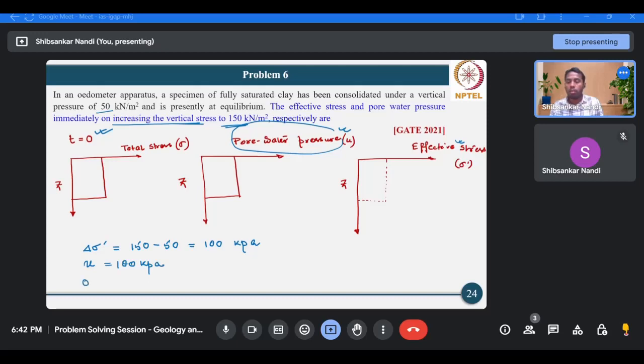However, your sigma prime value would be 0. Okay, so this is immediately on increasing the vertical stress.